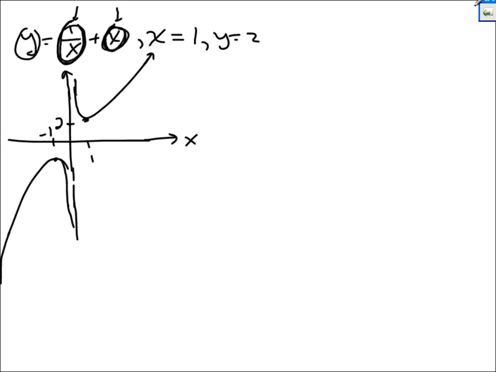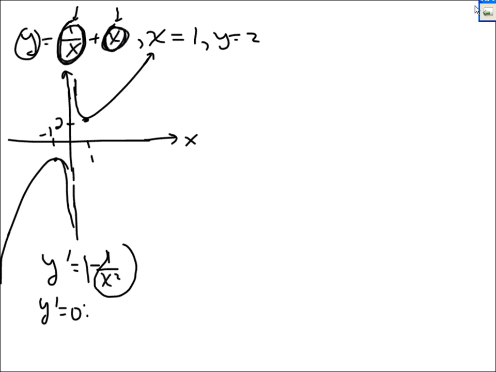Let's find the derivative right there. That's important. The derivative of 1 over x is negative 1 over x squared, plus the derivative of x, which is 1. I'm going to write the 1 first. So I like to know where this equals 0. When does y prime equal 0?